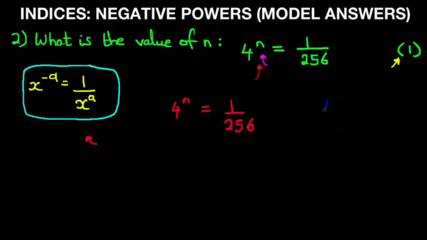Well, we can write this down here. 4 times 4 equals 16. Times another 4 equals 64. Times another 4 equals 256. Now you can show all the workings out for the multiplication, but we're not going to worry about that now. So we know that the number 4 has to be multiplied 4 times.